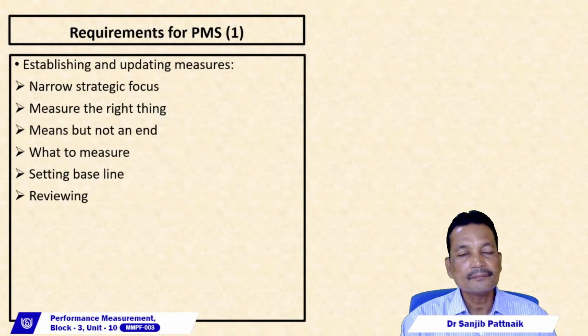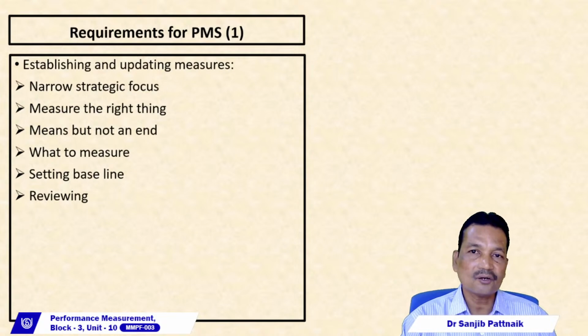In having the performance measurement system, we should establish the measurement system, and this measurement system should not be a hard and concrete one, because due to the changing scenarios the measures should also be changing. So that is updating of measures.